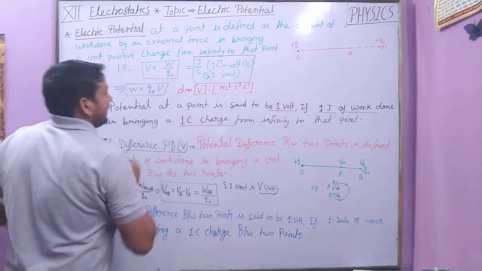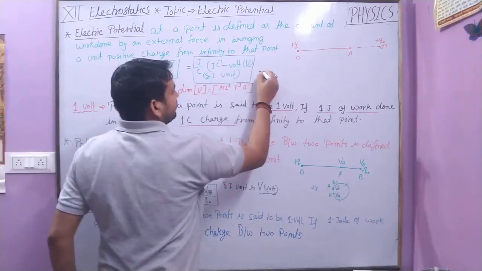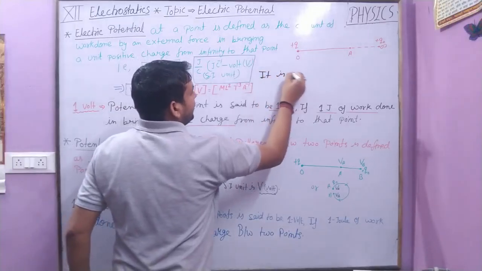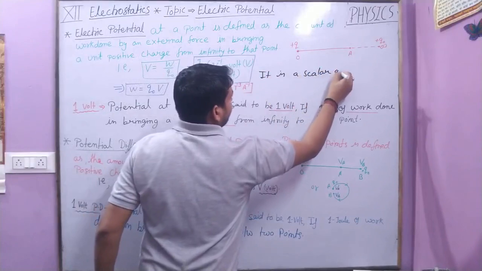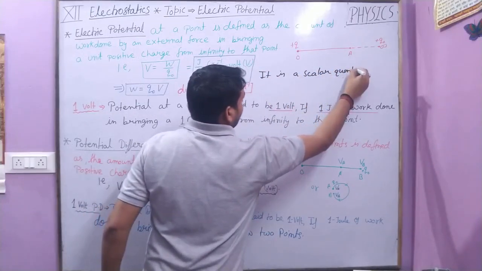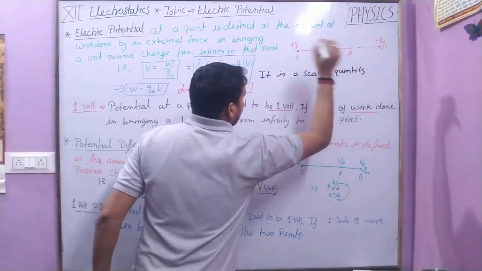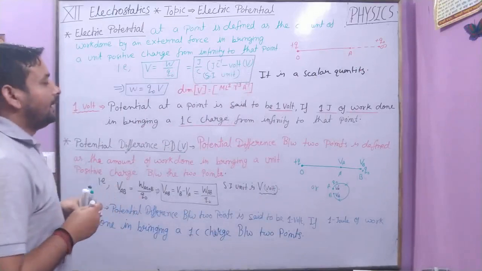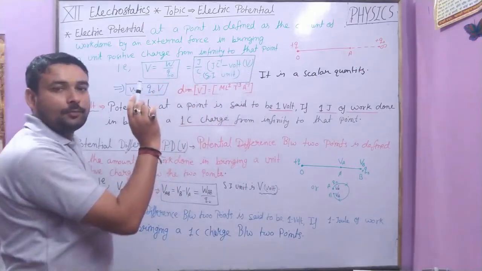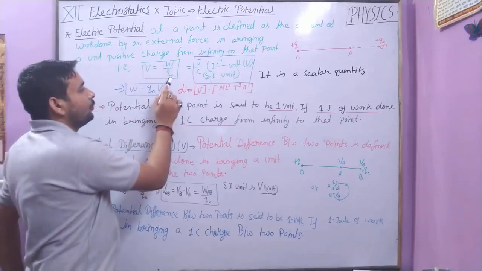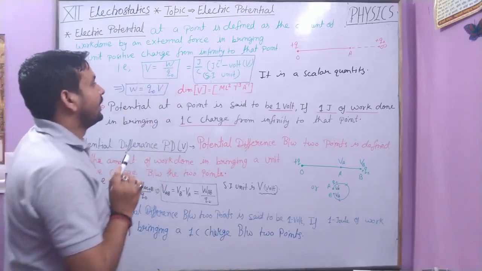It is a scalar quantity, and its SI unit is joule per coulomb. Joule is the unit of work and coulomb is the unit of charge.